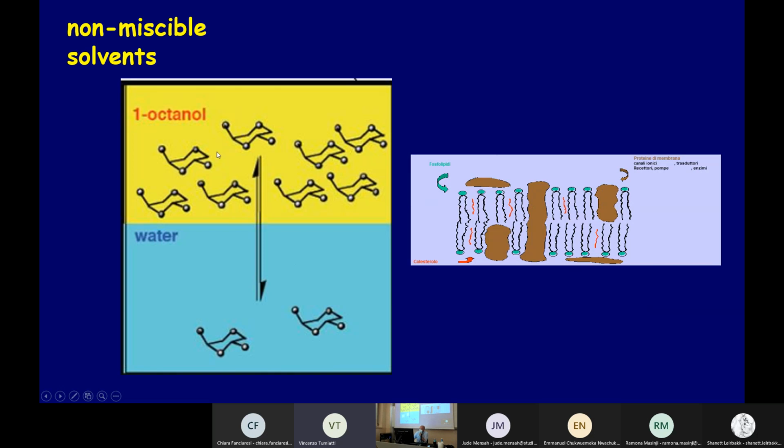You see here the system, normal octanol, and then water. You know the density of this alcohol is lower than the density of water, and so you have the 2 layers. On the top you have the octanol, and then you have the water. And so we can put our drug in this system.